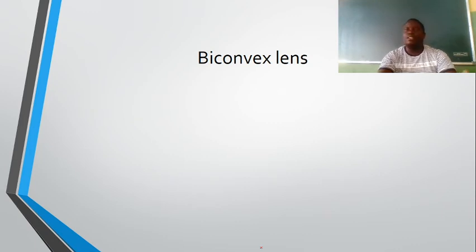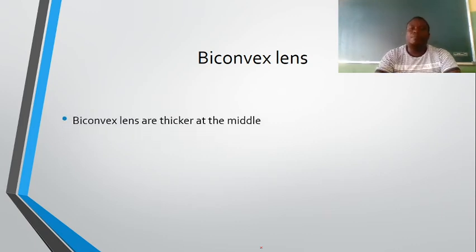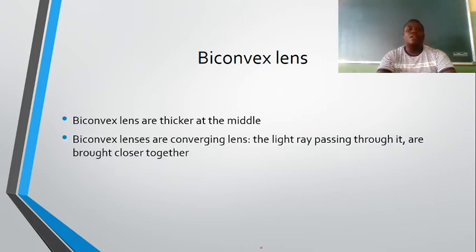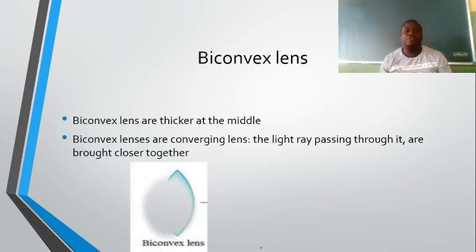Biconvex lenses are thicker at the middle, as we have seen, but as we go toward the edge, the thickness starts to decrease and becomes thinner. So, biconvex lenses are converging lenses. The light rays passing through them are brought closer together. Means that they converge at the same point, as we have seen here.